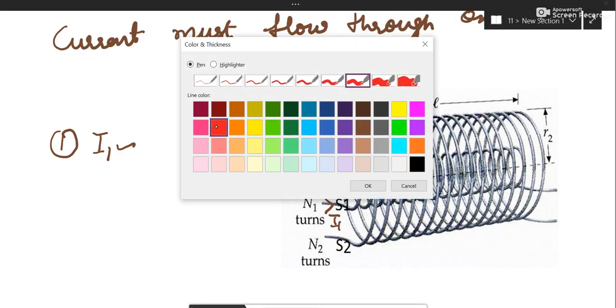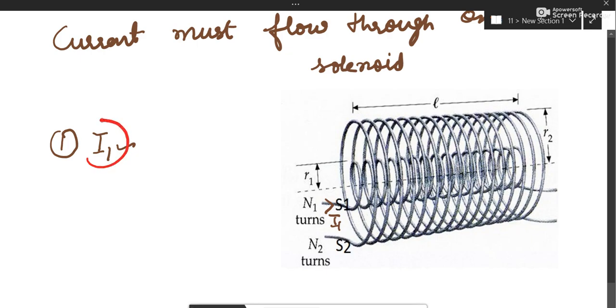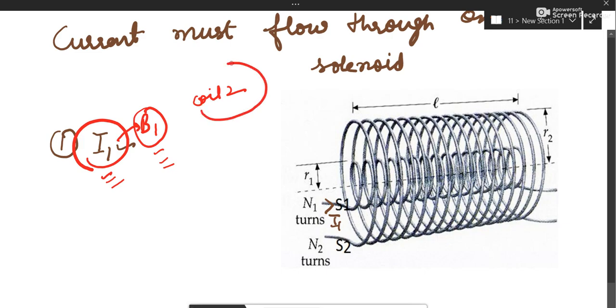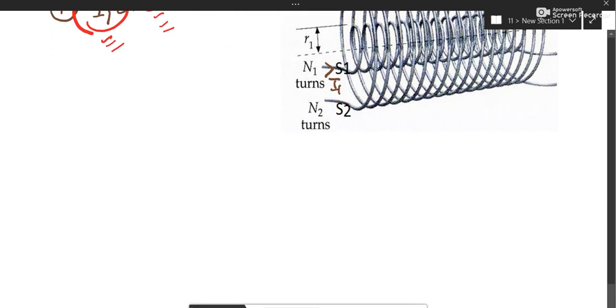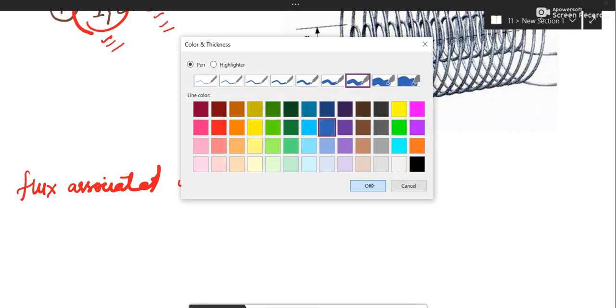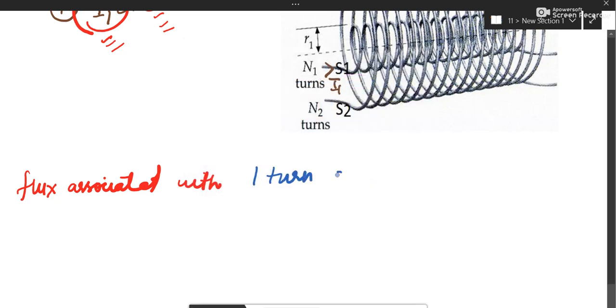So children, as we already know the concept of mutual inductance, because current is flowing through the smaller one, the magnetic field will be of the smaller one and flux will be linked with coil 2. So let us see the flux associated, it is very important to write properly, with one turn of coil 2.